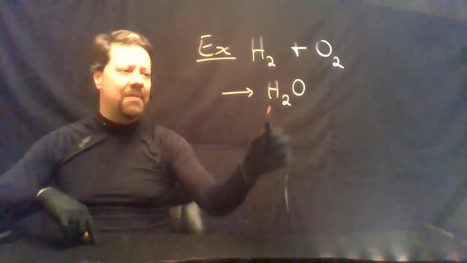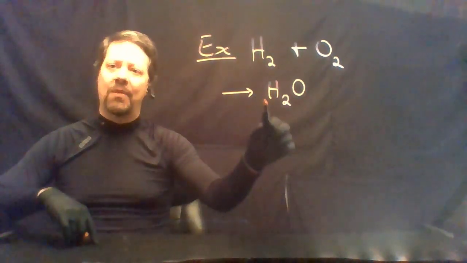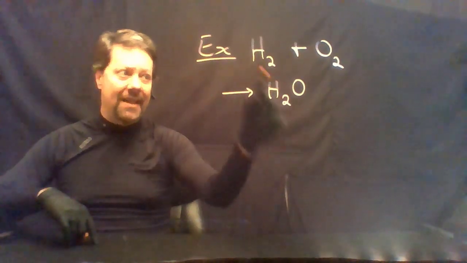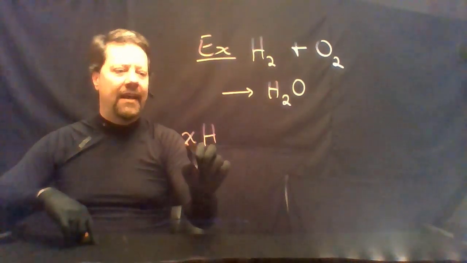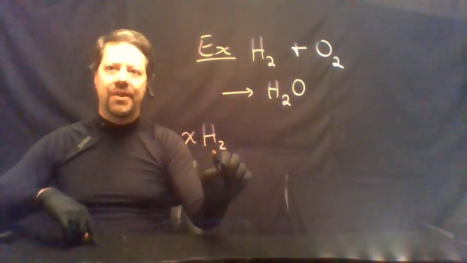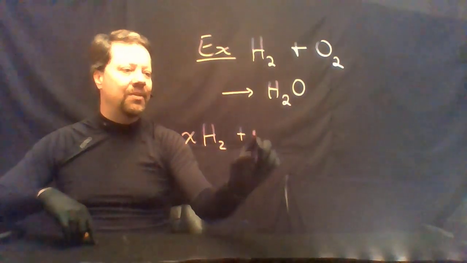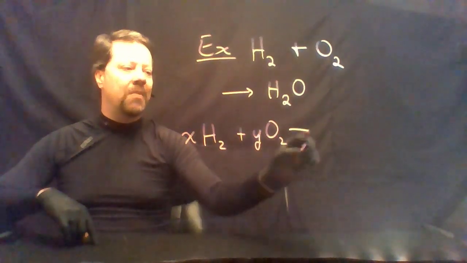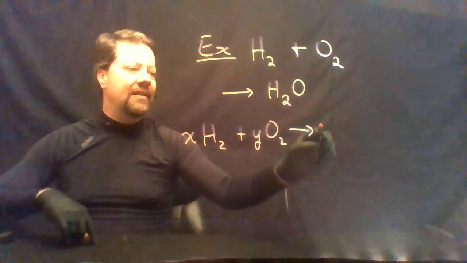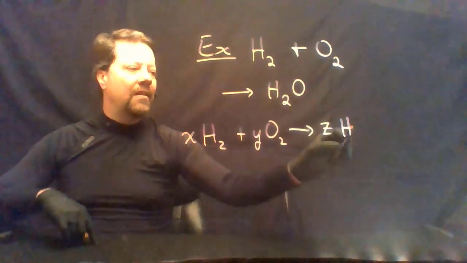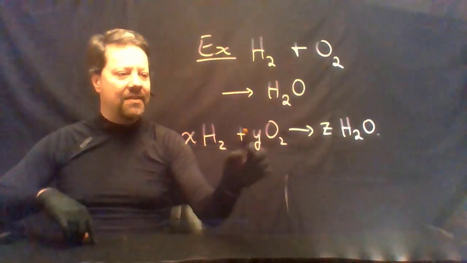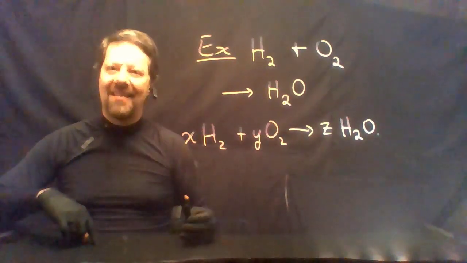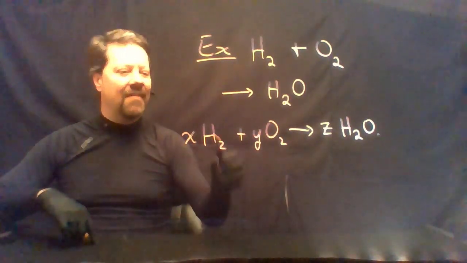You have to have the same number of atoms of a particular type on one side of the chemical equation as on the other. So if we're going to have, say, X hydrogen molecules added to Y oxygen molecules, getting Z H2O molecules, what are the values of X, Y, and Z that balance this equation?